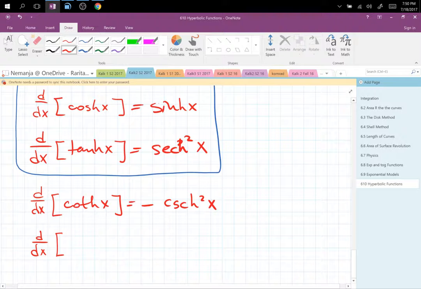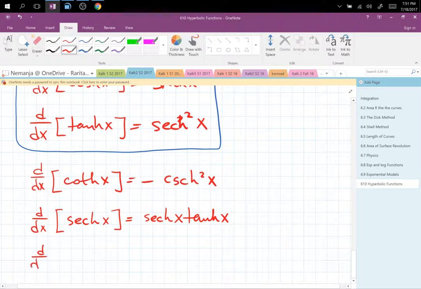And then we have secant hyperbolic x, tangent hyperbolic x, and cosecant hyperbolic x.